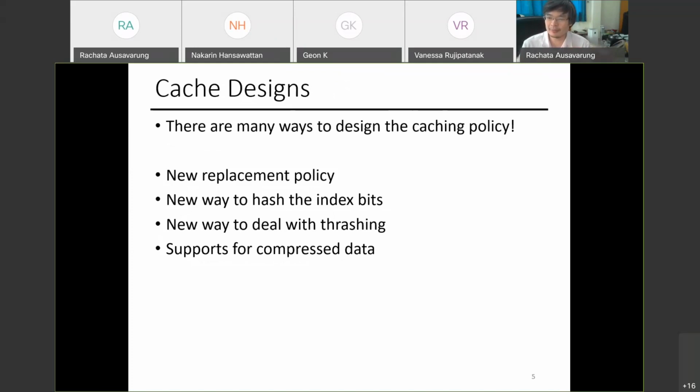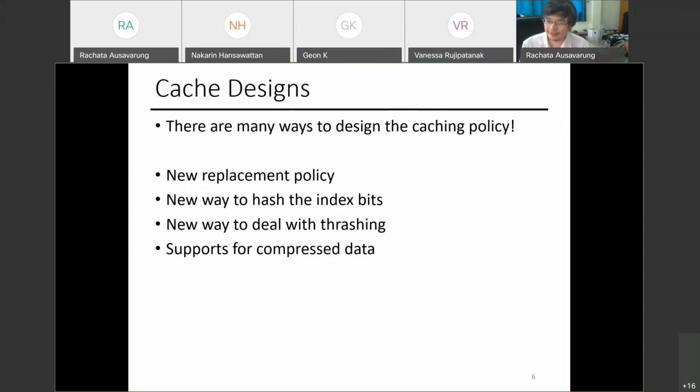There are actually multiple things about cache designs, right? You can think about it this way. In the last lecture we talked about the thrashing problem, where you have the cache, and then you go to A, B, C, D, E, and when that happens, you never have a cache hit, right? So there are actually multiple works that people have come up with, saying we can have different policies that deal with these specific instances that kill the performance of the cache.